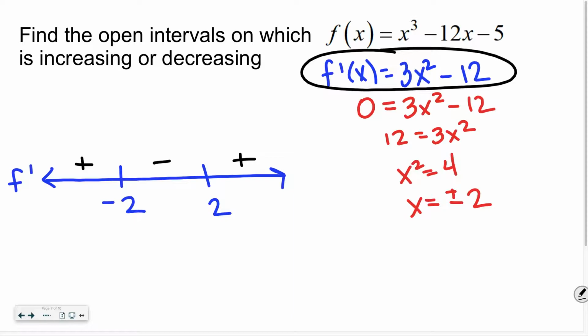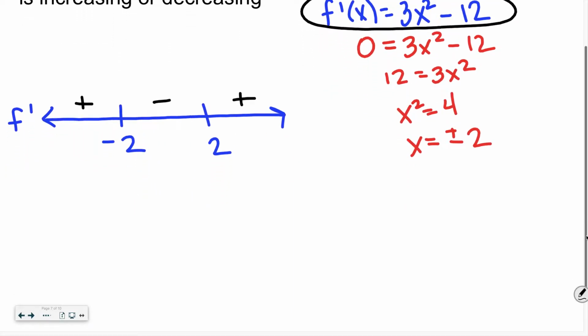Okay, what does this mean? This means from -infinity to -2 and from 2 to infinity, our derivative is positive. And if our derivative is positive, what does that tell us about our function?